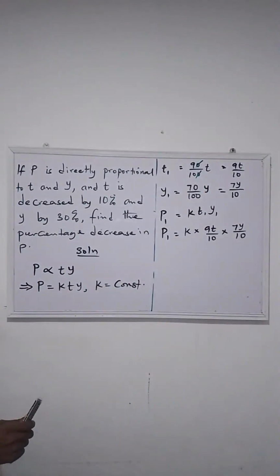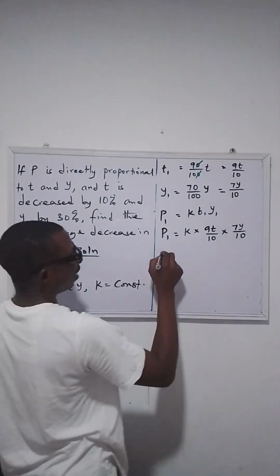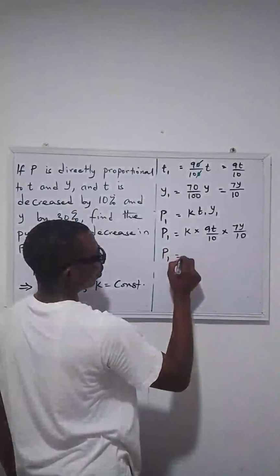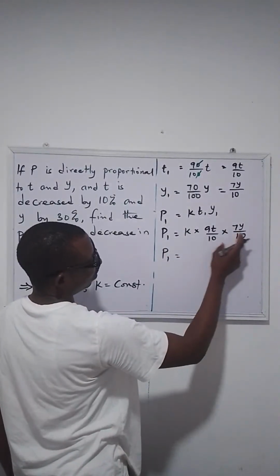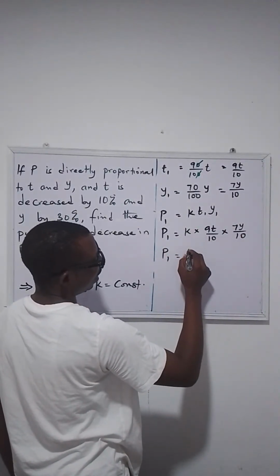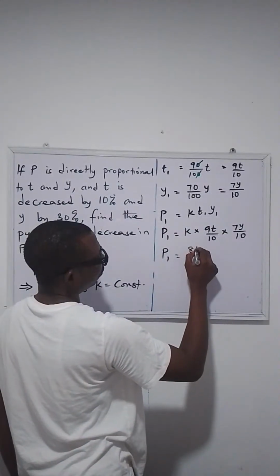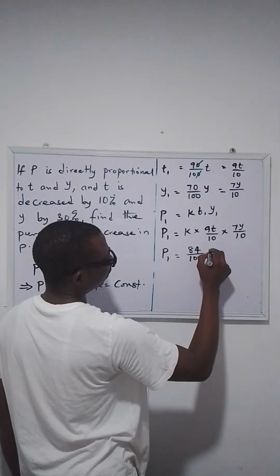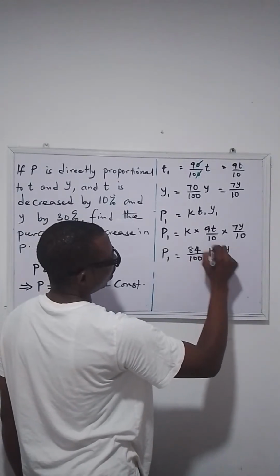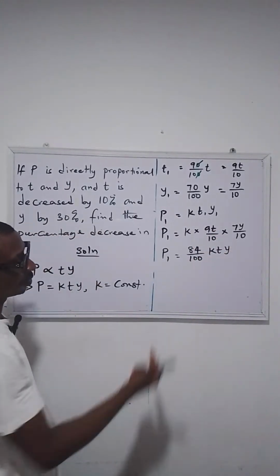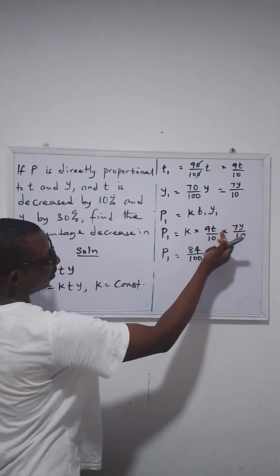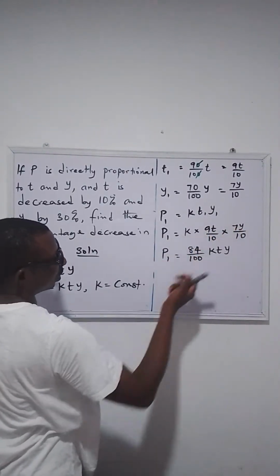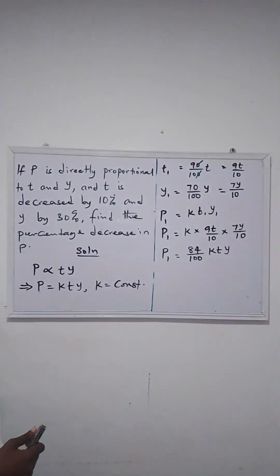I hope you understand that. Good. So we have P1 equals, now let's multiply everything together. We have 63 over 100 KTY. All right, just multiply the letters together and the numbers. Okay, so that is what we have there.